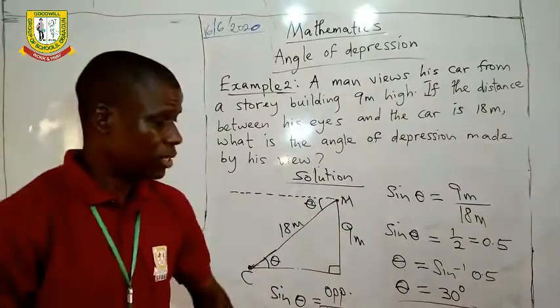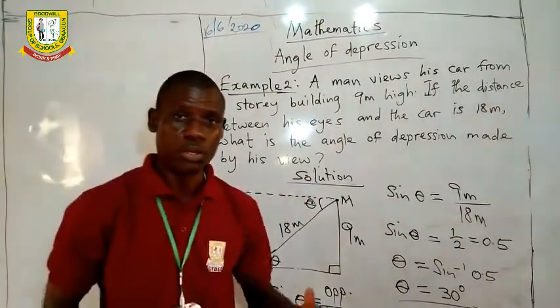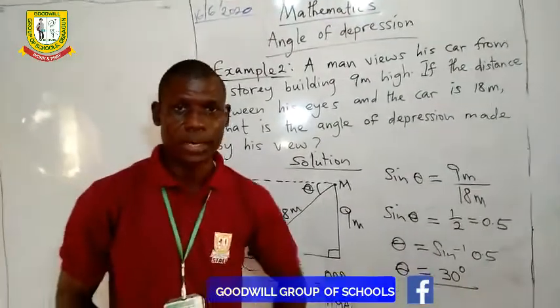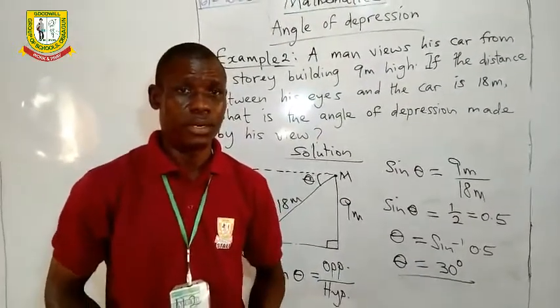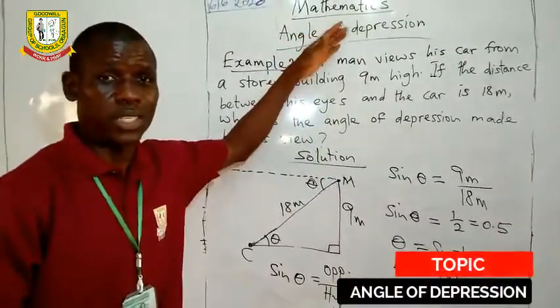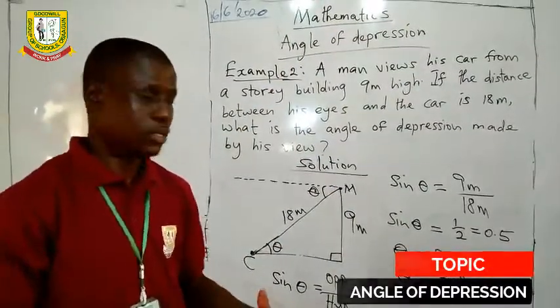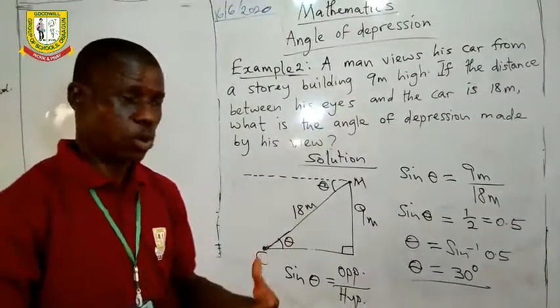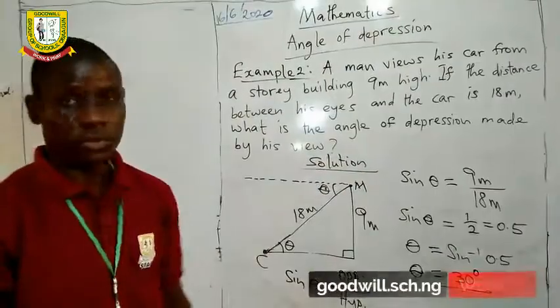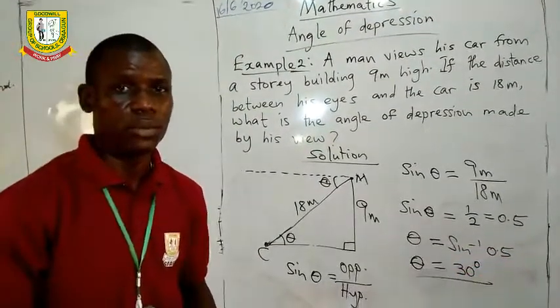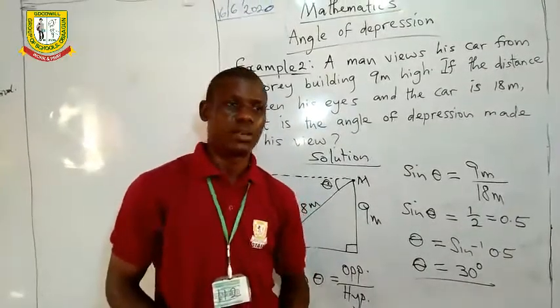We get that from our four-figure table or from our scientific calculator. And I hope this is very clear, simple, and interesting. So just settle down with this and get more questions to work on for further understanding of what we have looked at today. God bless you.